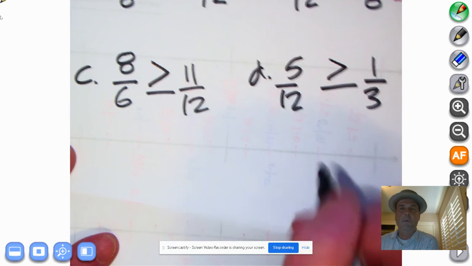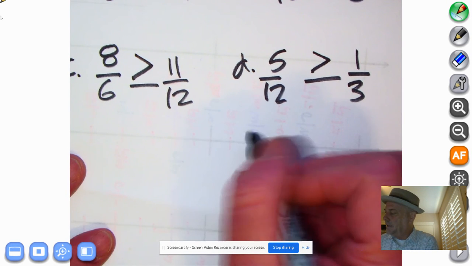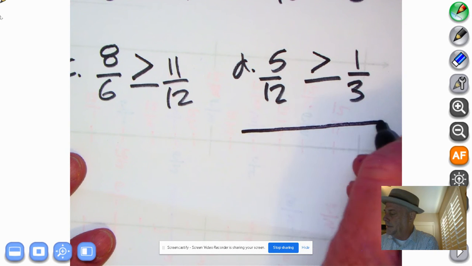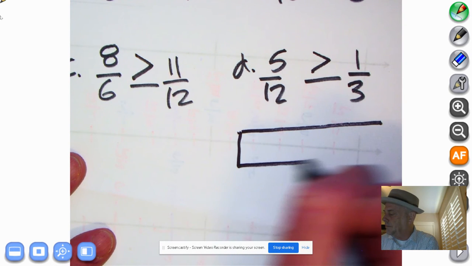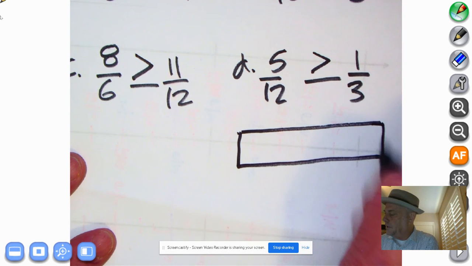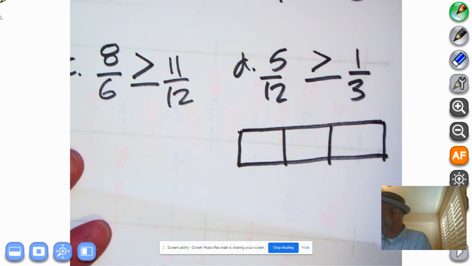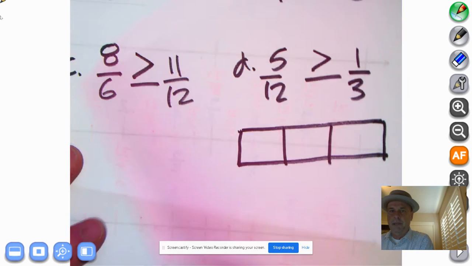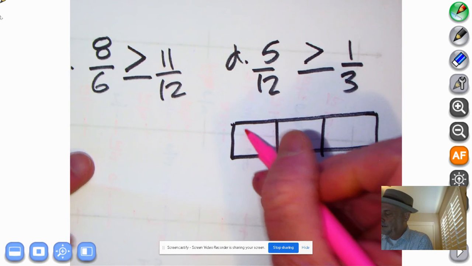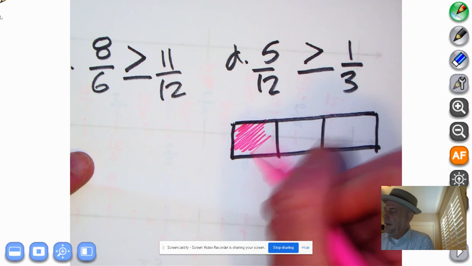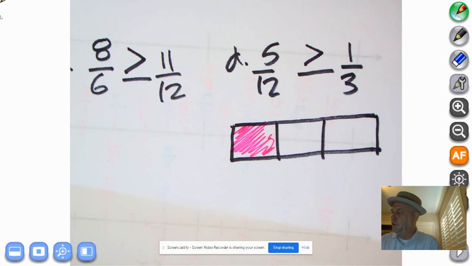Now, this one requires a little more explanation. Let's think about it. And you could be copycats if you have room on your paper to do this. Let's make thirds. 1/3, 2/3, and there we go. And I will color this in with a pretty pink to show 1/3. Now, what if we were to break these thirds into 12ths?